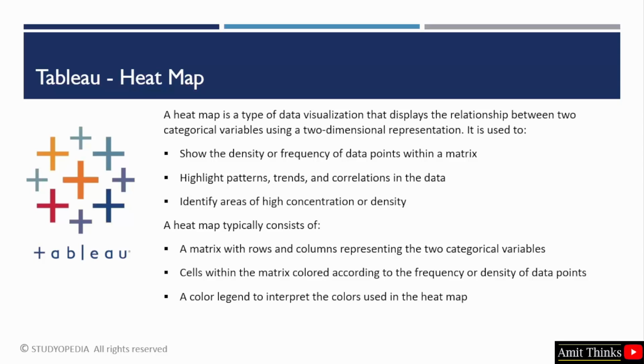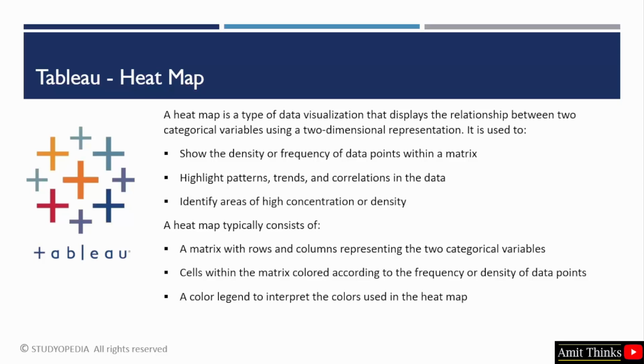You can also identify areas of high density. A heat map consists of a matrix with rows and columns representing the two categorical variables. The cells within the matrix will have different colors according to the frequency or density of data points. A color legend will also be displayed, obviously, to interpret the colors used in the heat map.